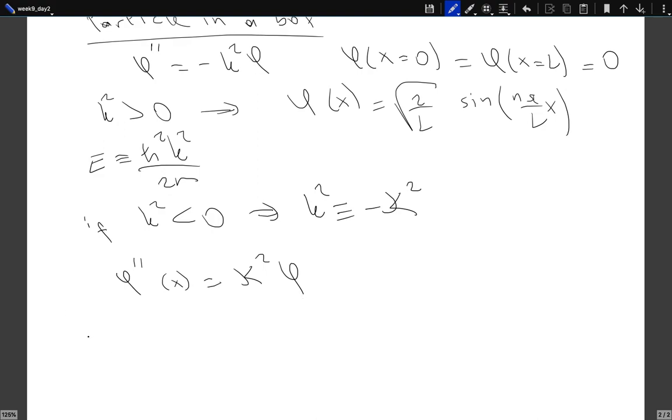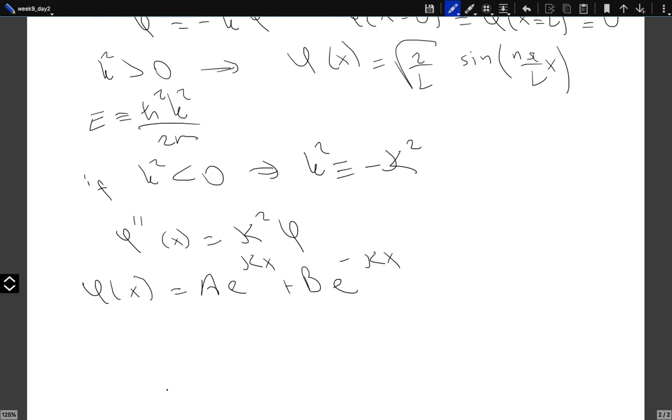Well, phi of x will be A times e to the power kappa x plus B times e to the power minus kappa x. This is the general solution of this differential equation. Then we have two boundary conditions. We know that phi at x equal to 0 is A plus B, which should be 0.